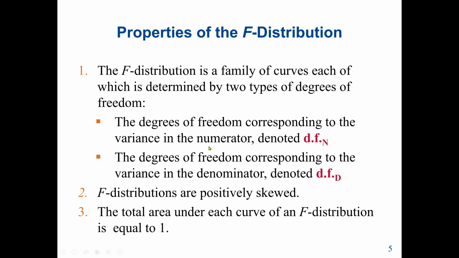In order to say that F equals S1 squared over S2 squared, there are conditions we have to meet, as we saw earlier: the populations have to be normal, and the two population variances must be equal.